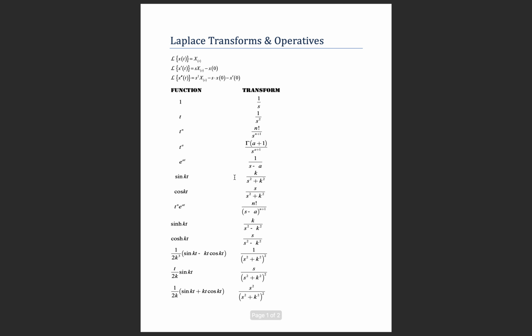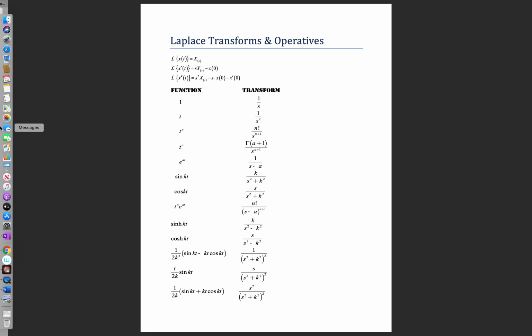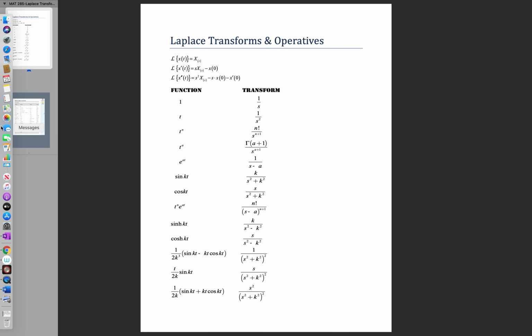So you have sine of 2t, and this will be in the family of the sine of kt function. And in this case, k is going to be represented by 2. And so for the transform, we have k over s squared plus k squared. So you're looking at 2 over s squared plus 2 squared.